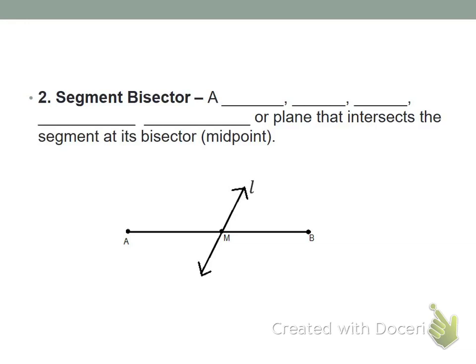A segment bisector is going to be a point, ray, line, line segment, or a plane, that intersects a segment at its bisector or its midpoint.